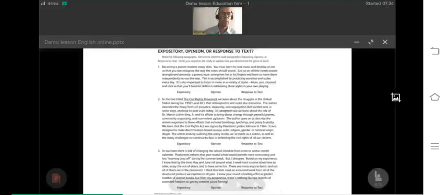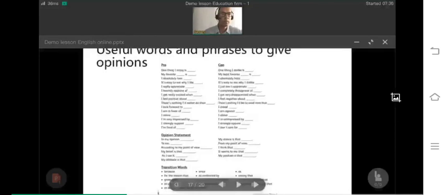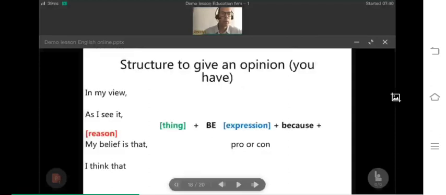For small lessons, pairs. What I want them to do is focus on the structure to give an opinion. In my view, as I see it, my belief is that, I think that, thing plus be expression plus because plus reason.